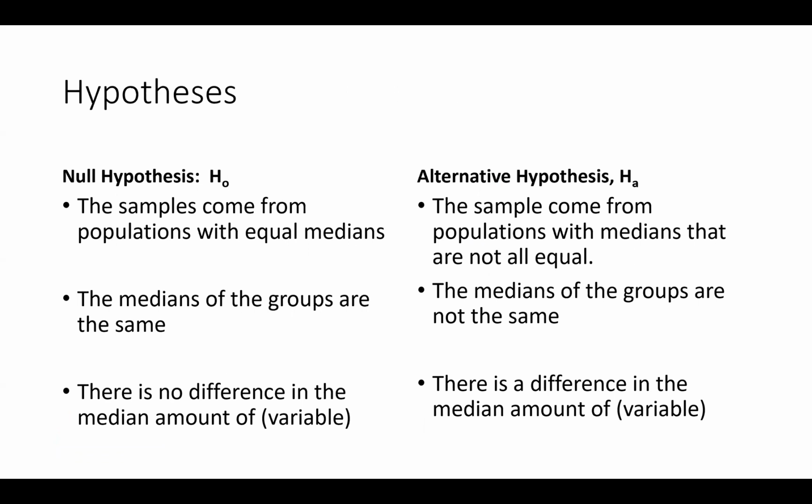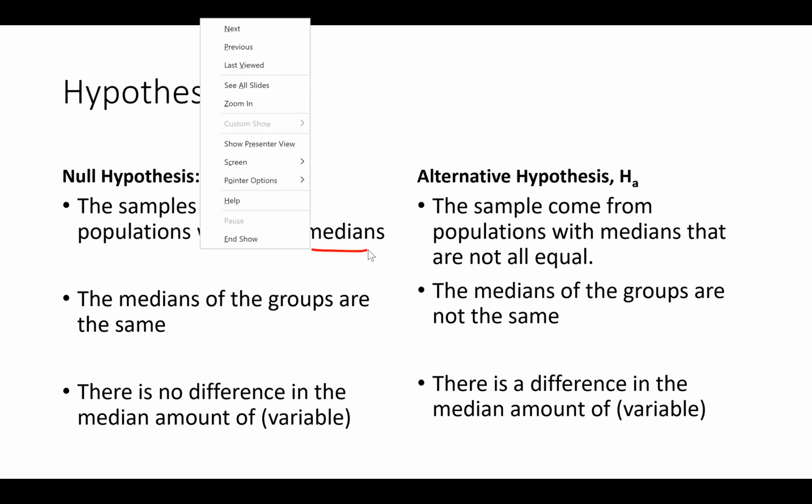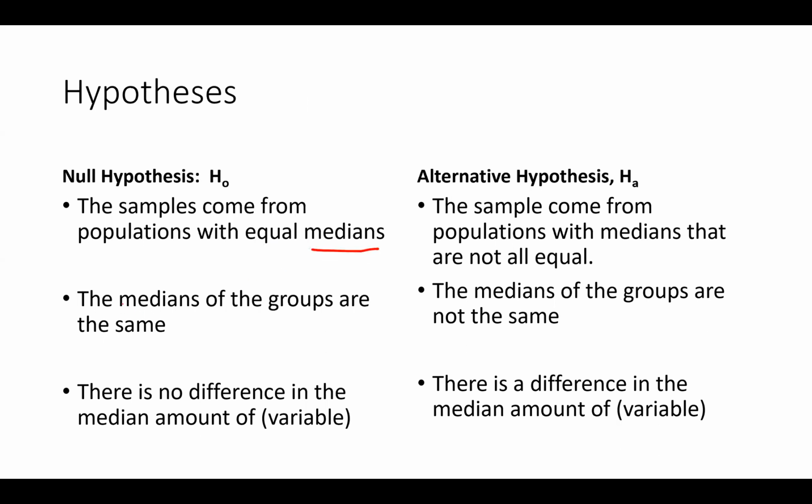Remember, with a non-parametric test, instead of comparing the means, we are comparing the medians. We're going to look at the medians of each group instead of the means. And again, our null is going to imply equal, so you're going to have something like there is no difference in the median amount of the variable, and your alternative will imply not equal.